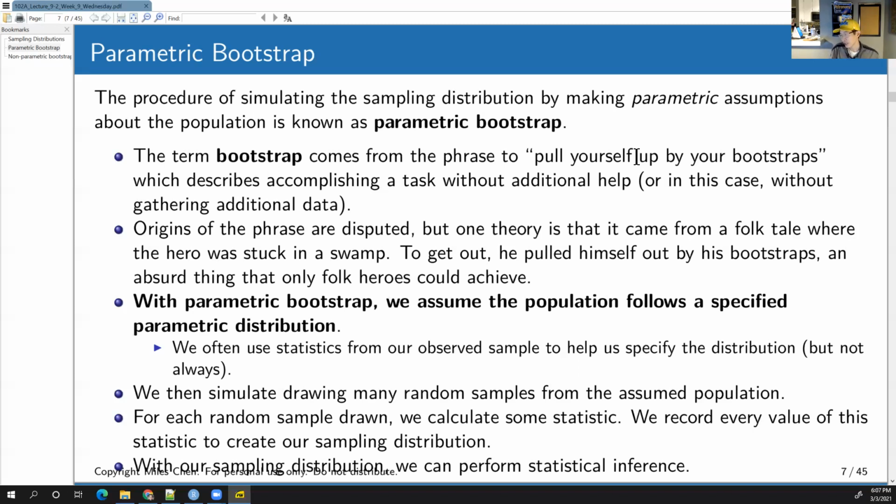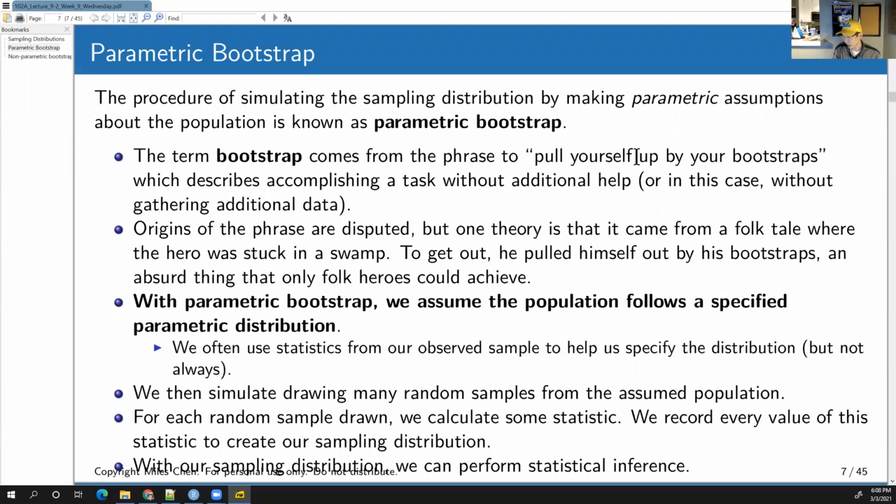So anyway, what we're going to do with the parametric bootstrap is we're going to assume that the population follows some kind of parametric distribution. So whatever it is, the normal distribution, chi-squared distribution, beta distribution, gamma distribution, t distribution, some probability distribution that you learned in one of your classes at some point, we're going to assume that it follows one of these things, okay?